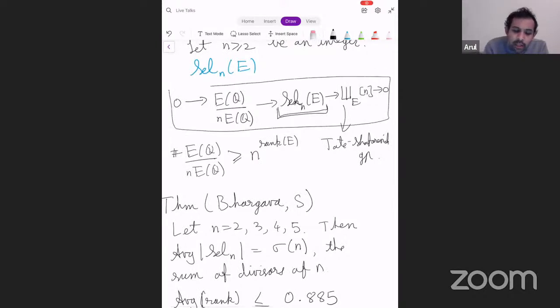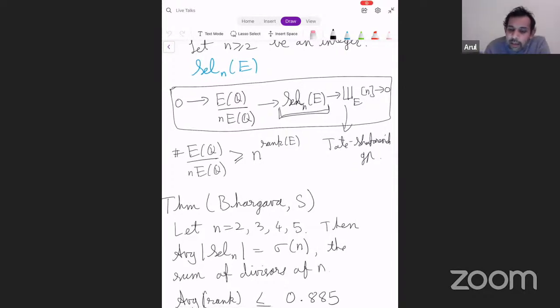This is a joint paper with many authors: Bhargava, Kane, Lenstra, Poonen, Rains, and Stoll. They put together all the known heuristics, like how the Selmer group should behave, how Sha should behave, and how the rank should behave, to explain how this exact sequence itself should behave. Again, completely heuristical.